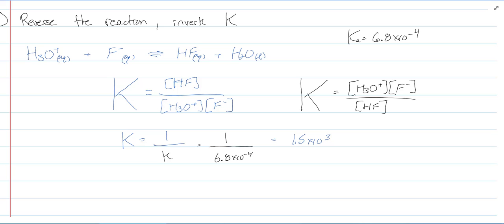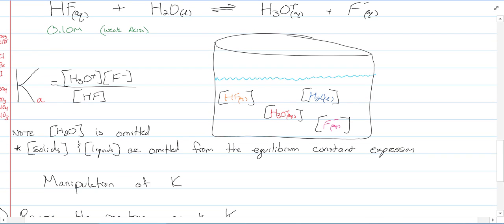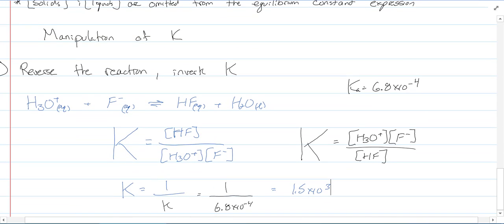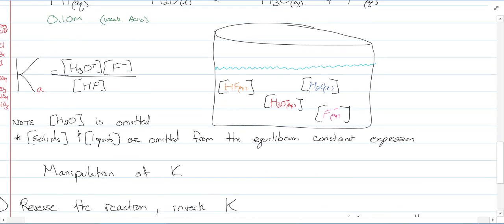Kind of makes sense. If Ka here is reactant favored, there's more HF and water than hydronium and fluoride, because it's less than 1, it's small. If we invert the reaction, it would make sense that the number would be bigger because it would be still favoring HF and water. It's just on the other side now. And that works out very well.